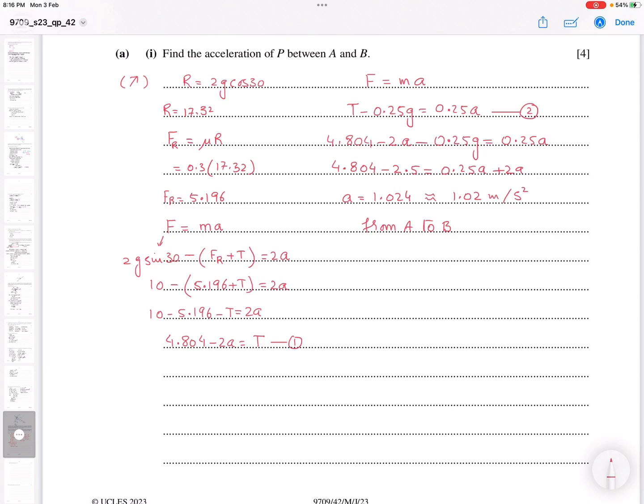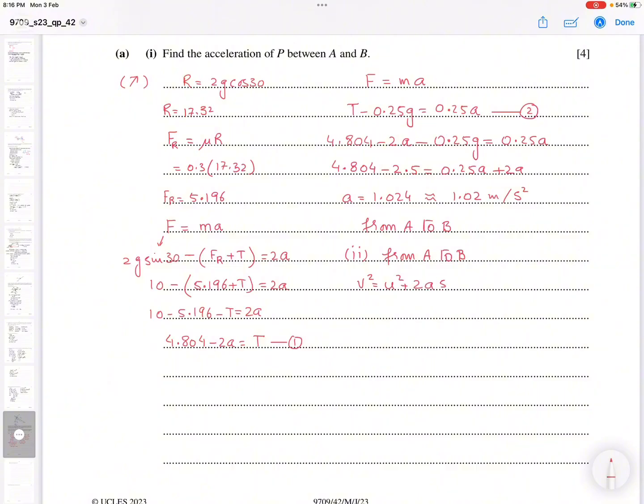Now in part 2, from A to B, let me find out the velocity. I'm going to use v square equals u square plus 2as.